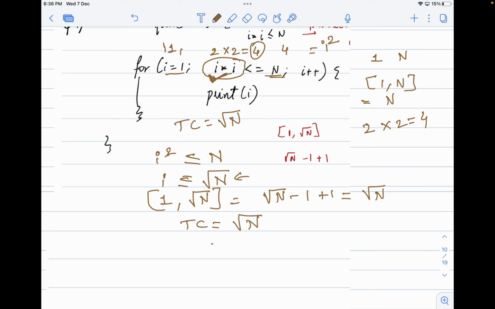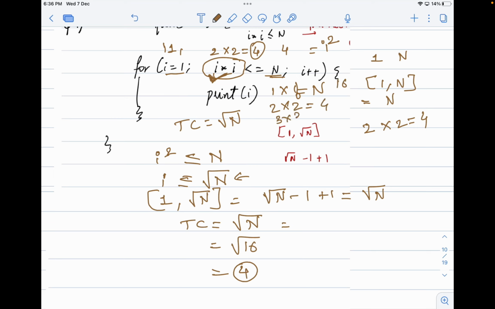Just put any value and check. Suppose it is 16, then 4 iterations it will take, because I is jumping by squares, right? When I is 1, 1 into 1 is 1, it is not n. 2 into 2 is 4, it is not n, n is 16.